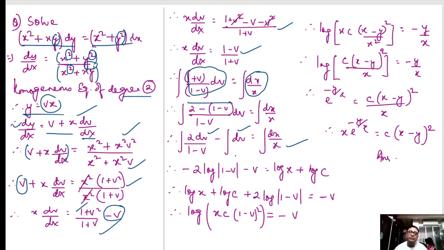So now this is 2 log v minus log 1 minus v, and this is minus v, this is log x, this is log c. So then we have to now just replace it. So all things on one side.